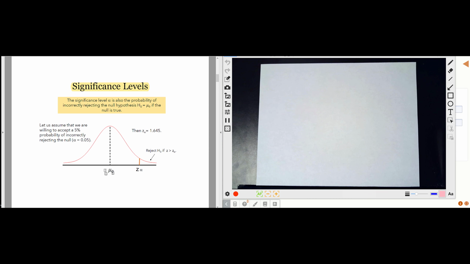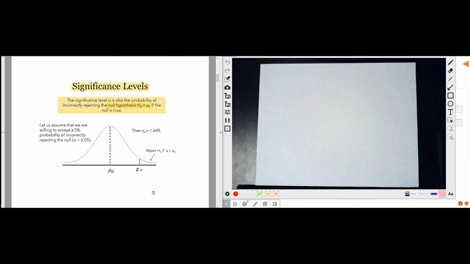Let's suppose, as shown in our diagram here, that the mean of the population is some value mu naught, and our null hypothesis is that the true mean is mu naught. So in this case, the null hypothesis is true. Okay, the null hypothesis is that the mean is mu naught, and the null hypothesis is true.